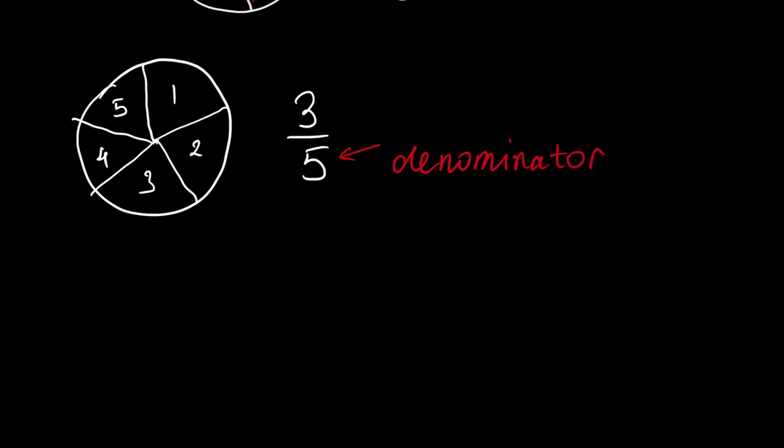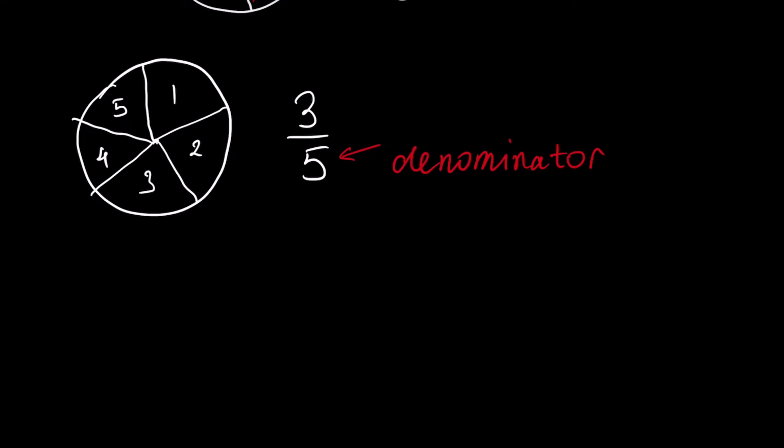Denominator is the number which indicates how many parts a unit is divided into. In our case, our unit is divided into 5 parts, and our denominator indicates the number 5, how many parts a unit is divided into.